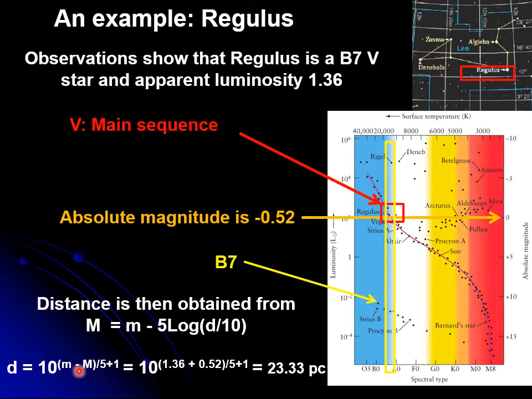Capital M, we found from the information that we were given, that the star was B7V, which means that the absolute magnitude is negative 0.52, so it goes there. So it's a minus with a minus, which gives you a plus. And all of this divided by 5 and added 1. So doing this operation with your calculator, we obtain that the distance of Regulus to us is 23.33 parsecs.